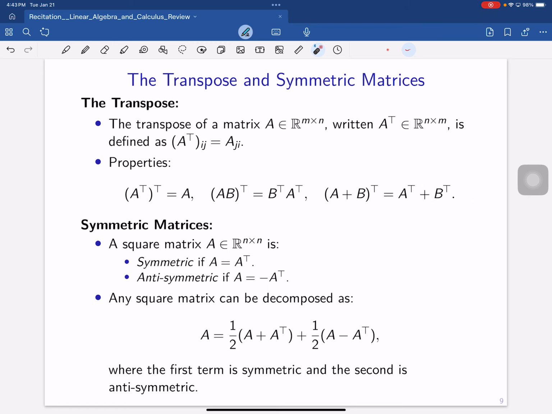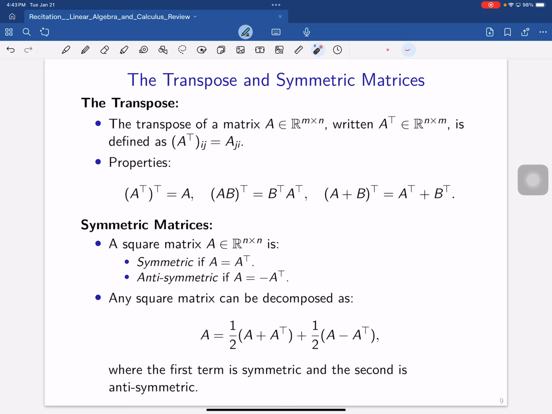And if A is a square matrix, n by n matrix, then a matrix is called symmetric if A equals A transpose. Okay. So most of the matrices we deal with in class will be symmetric matrices.